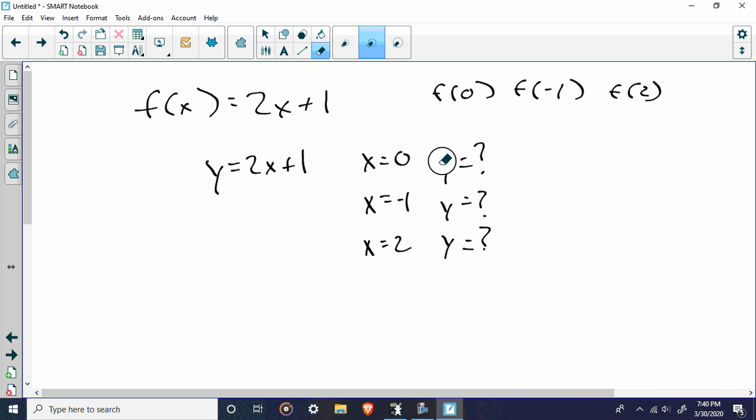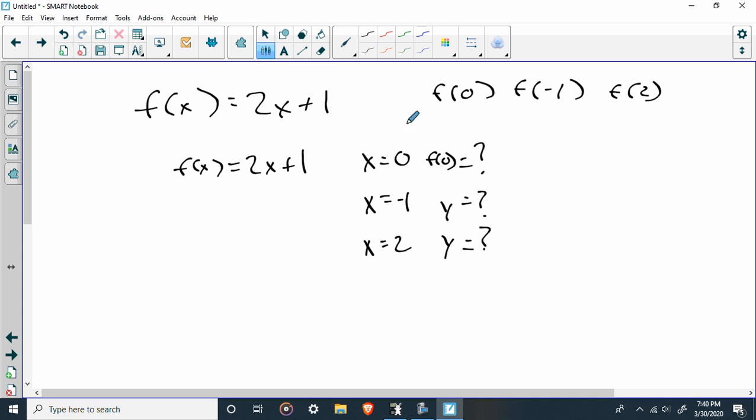We're not going to say y. We're going to say something like f of x. And we're not going to say y. We're going to say f of 0. So again, now our y value tells us a little bit more. It tells us not only what y is, but also what was plugged in to get that value.